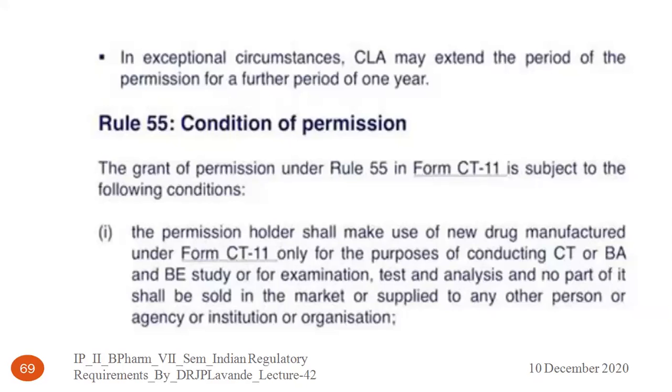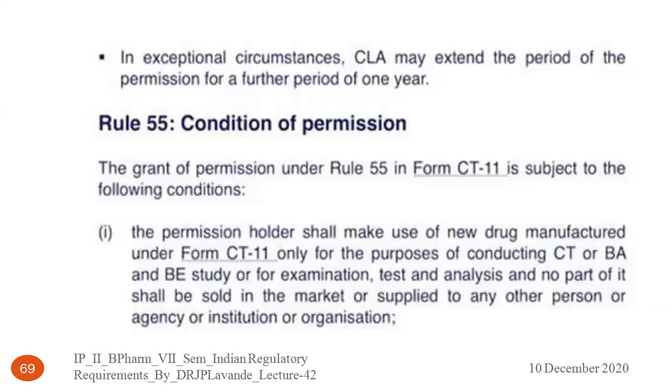Okay. Rule 55 describes the conditions of permission, right? So what are the different conditions in which the permission may be granted? The grant of permission under rule 52, 55 in form CT 11 is subject to different conditions, and these conditions are as follows.